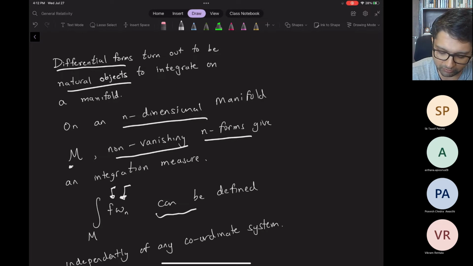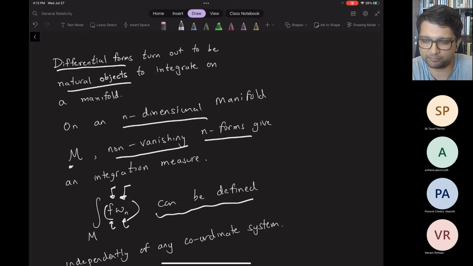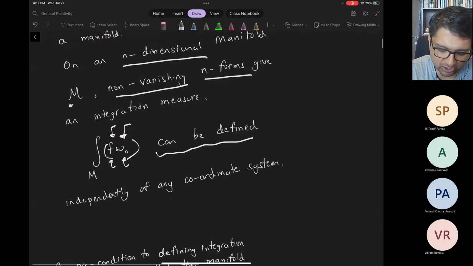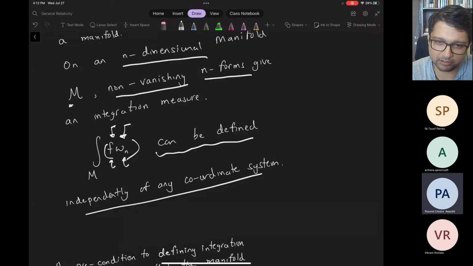We need to define what we mean by this combination and integrating them. But you can see that at least the objects that we're looking at, the function and the measure, if we define it to be this n-form, that n-form is obviously a tensor and therefore does not depend on a choice of coordinates. So this would be independent of any coordinate system.